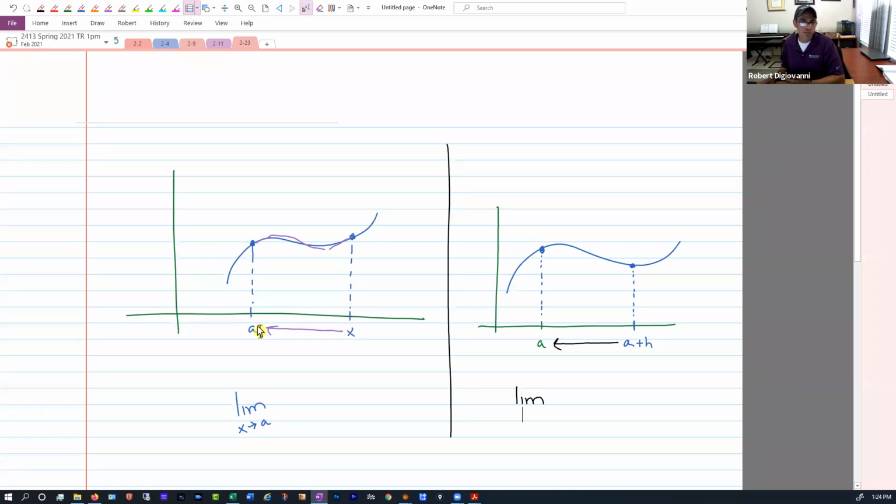And this moves over towards A. But here, to move this A plus H over to A, all I really have to do is make this H get smaller, right? If the H gets smaller, then that point starts to move towards A. So instead of doing limit as x approaches A, I'm going to do limit as H approaches 0. And if H goes to 0, then this point moves to the left. Do y'all see that? It's subtle, but it's important to understand that in this limit, you're essentially moving this dot on top of that one.